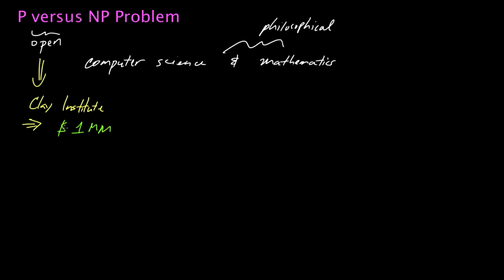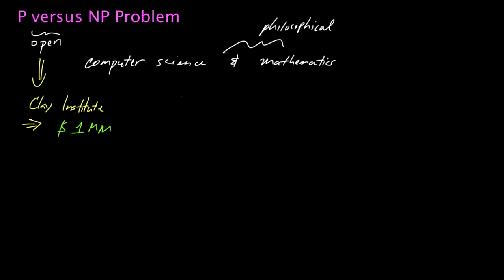But there are other problems that we don't really know how to solve quickly on a computer. In fact, they can take a long time. And what's interesting is that we don't really understand from a fundamental mathematical perspective why it is that these problems seem to take a long time. And that's really the heart of what the P versus NP problem looks at: why is it that certain problems take a long time on a computer.